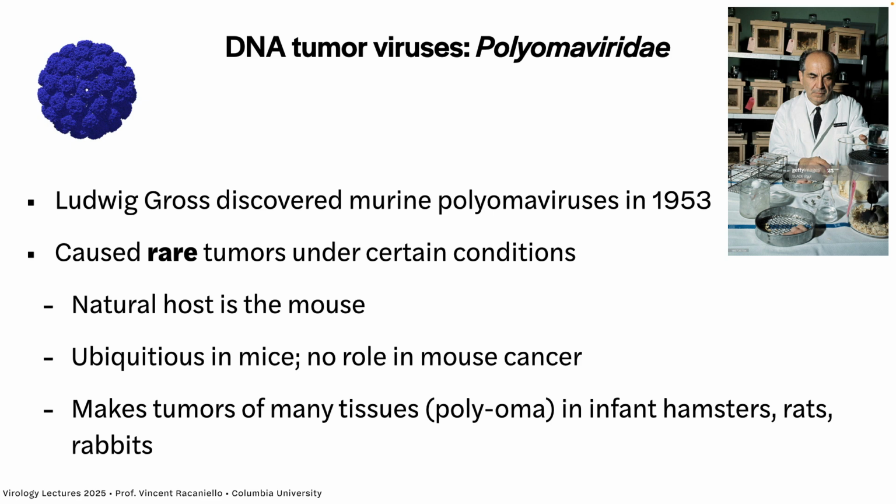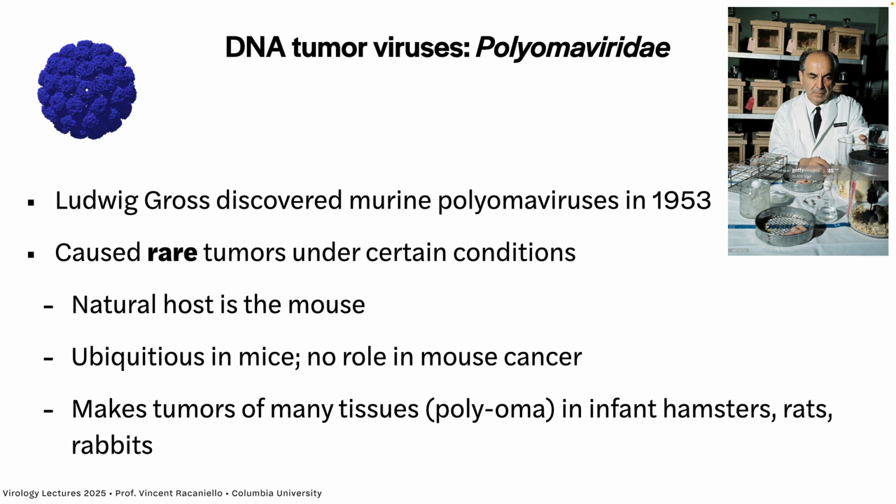So that was Shope, Richard Shope, who discovered those rabbit papillomaviruses. Ludwig Gross discovered murine polyomaviruses in 1953, about 20 years later. These cause rare tumors under certain conditions. So the natural host for these viruses is the mouse. They don't cause cancer in mice.